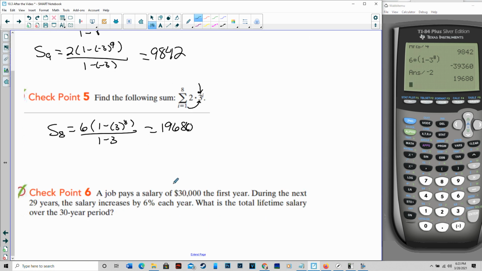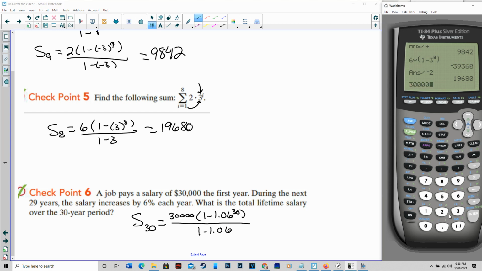A job pays a salary of $30,000 the first year. During the next 29 years, the salary increases by 6% each year. What is the total lifetime salary over the 30-year period? So S sub 30 is equal to a sub 1, which is 30,000, times 1 minus 1.06 to the 30th over 1 minus 1.06.